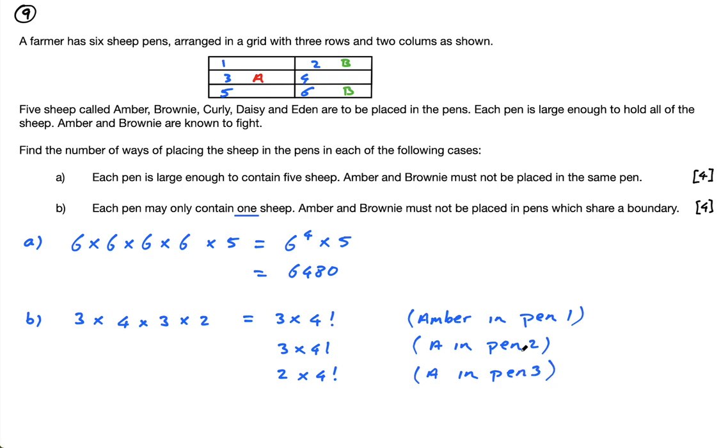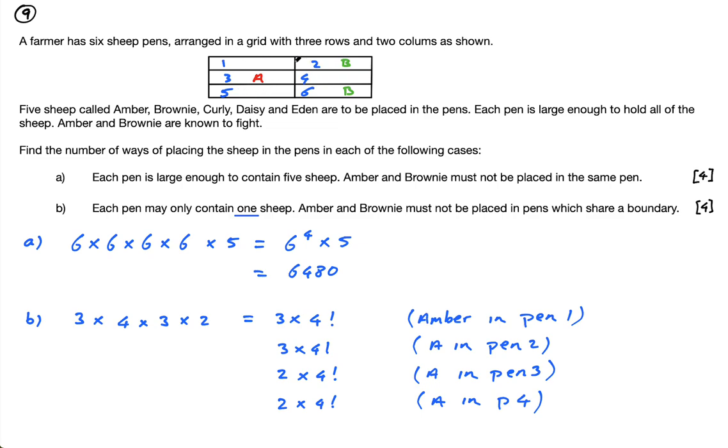Now hopefully, I like to do this until I start to see the pattern. So the pattern is, if I put A here, then Brownie again can go into 2. So that's 2 times 4 factorial. This is A in pen 4. And then if I put Amber here, it's like these first 2.